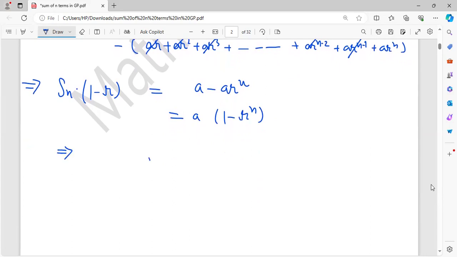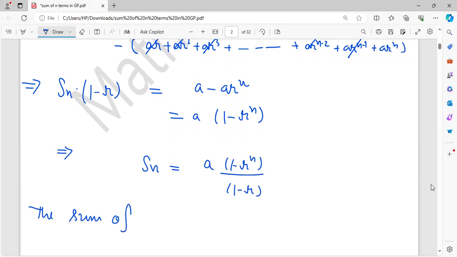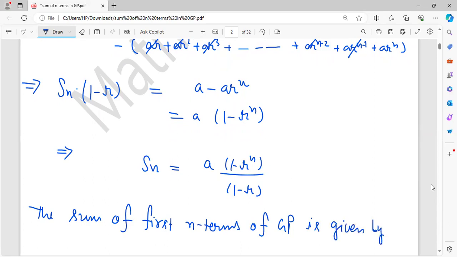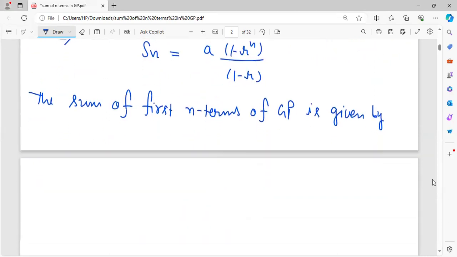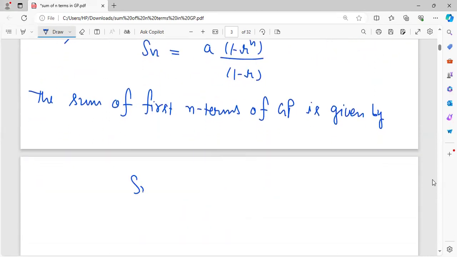This implies Sn is equal to A into 1 minus R to the power n upon 1 minus R. So the sum of the first n terms of GP is given by Sn is equal to A into 1 minus R to the power n upon 1 minus R.